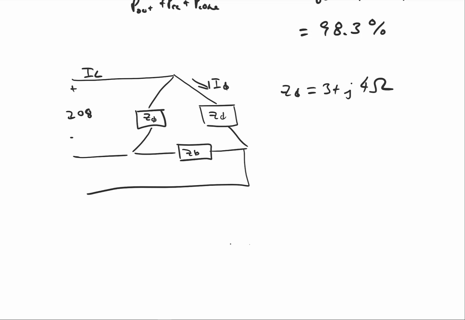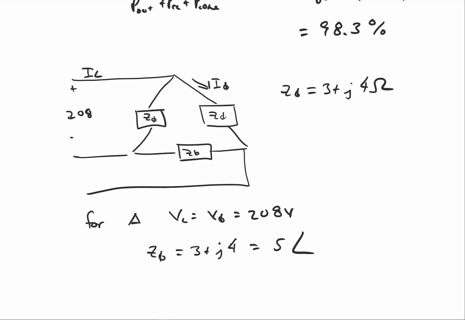Okay, so since this is delta connected, we know that the line voltage is equal to the phase voltage, and that is equal to 208 volts in this case. And just as a point of reference, our phase impedance, 3 plus j4, if we convert that, becomes 5 at an angle of 36.87.